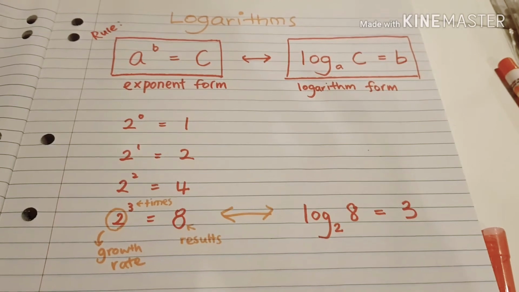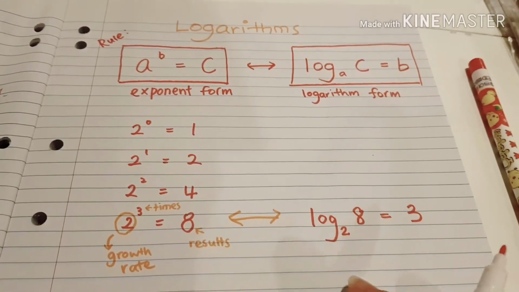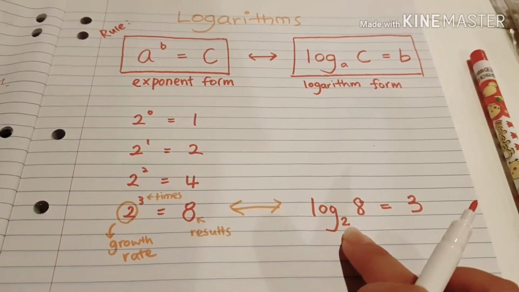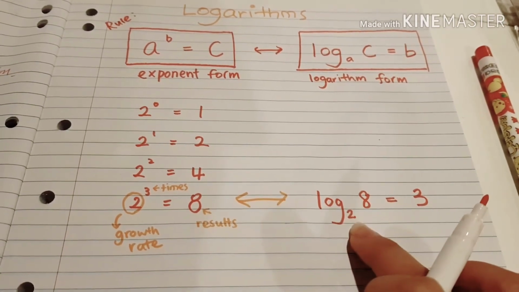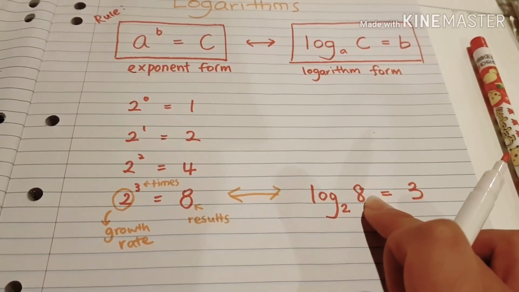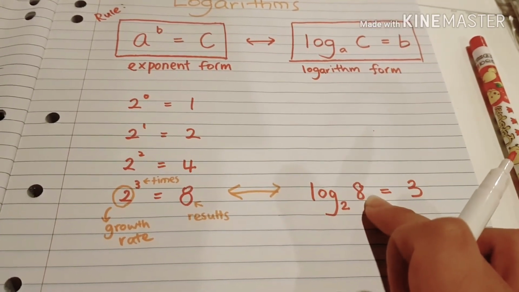So if we revisit what 2 stands for, it was the growth rate, right? So that means it's how fast you're growing. And 8 over here was the result. That means how big you'll end up.